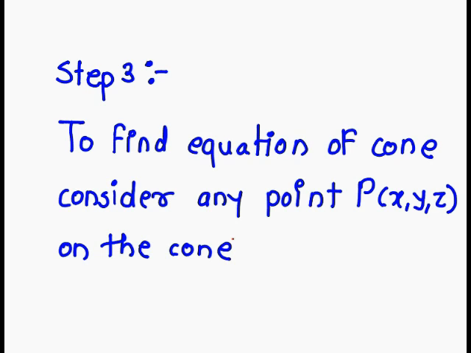So therefore we get the value of cos theta. Now to find the equation of a right circular cone, consider any point P, where x, y, z are the coordinates of that point P on the cone.